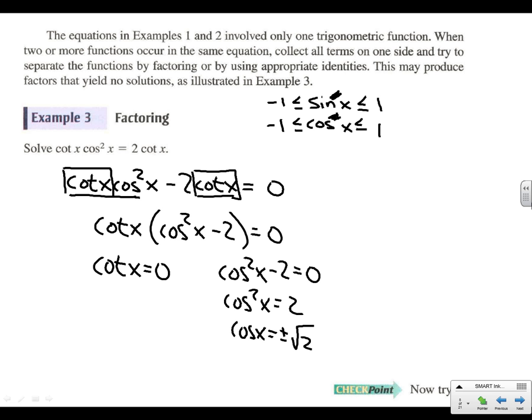Because sine and cosine are either adjacent over hypotenuse or opposite over hypotenuse, and if you're a fraction bigger than 1, that means that the adjacent or the opposite is bigger than the hypotenuse, and that can't be true ever. So root 2 is bigger than 1. We've got no solutions from this one. Cosine cannot be the square root of 2.